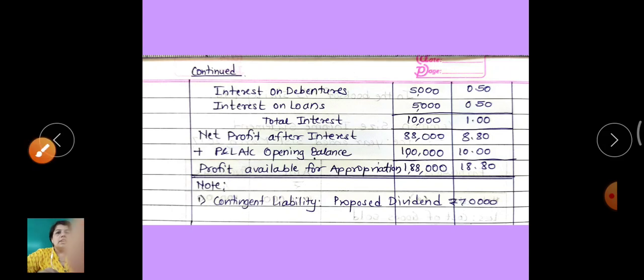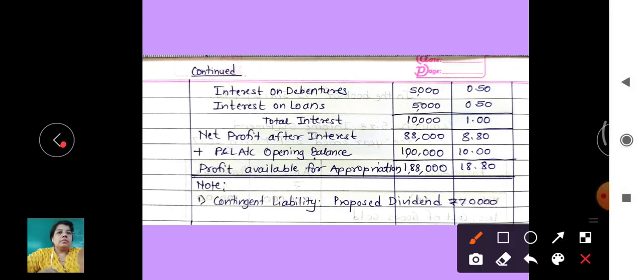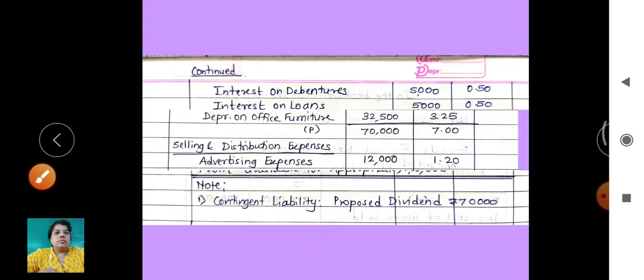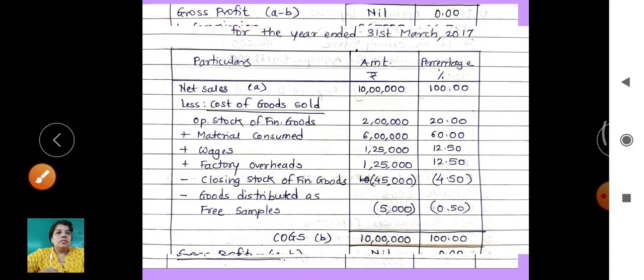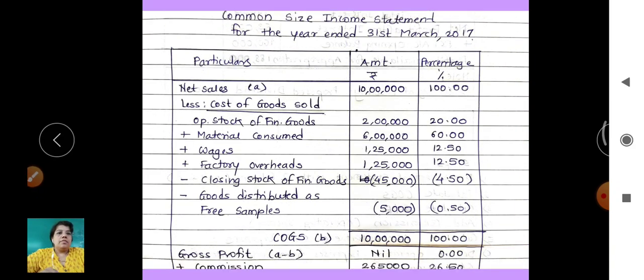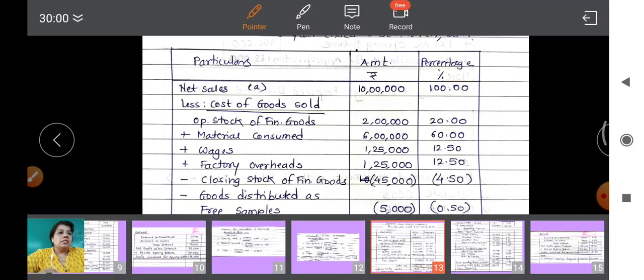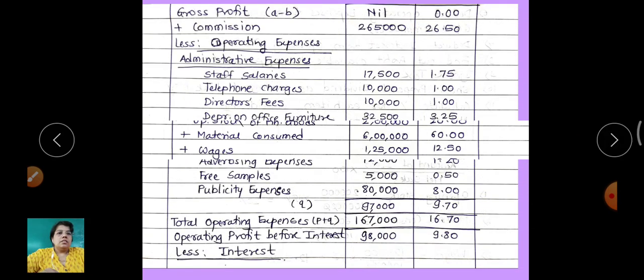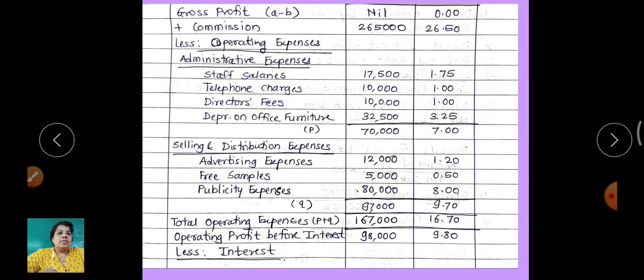So once again we can take the recap here. So this is our statement. First net sales, then we calculated COGS, we deducted it from net sales, we got the gross profit, we added the commission to that, then we calculated operating expenses, we deducted operating expenses from the aggregate of gross profit and commission, and we got the operating profit before interest.